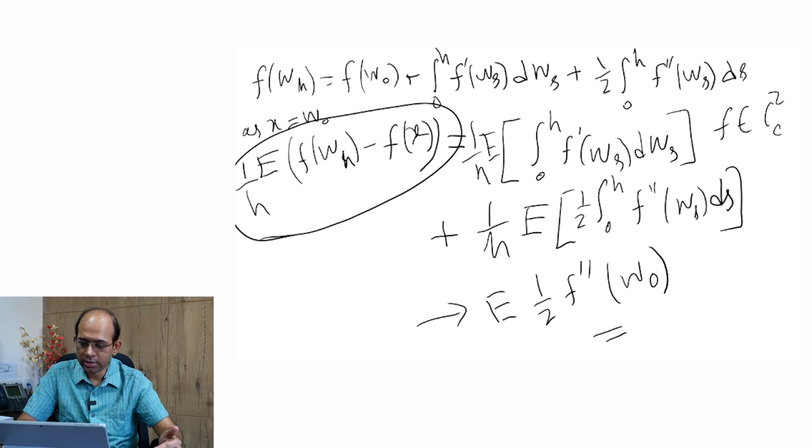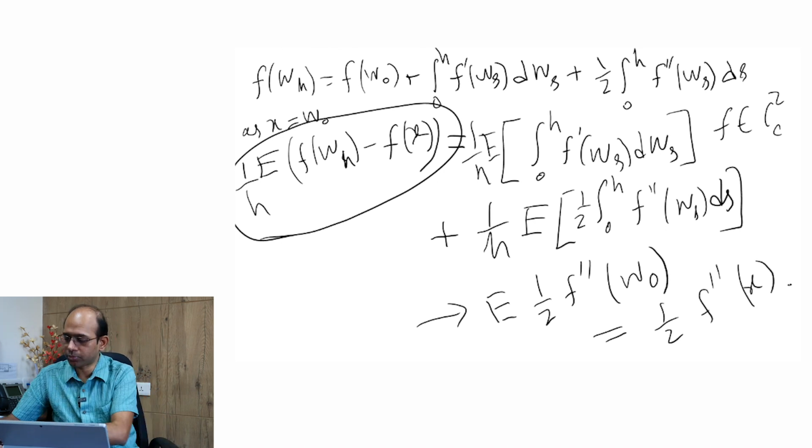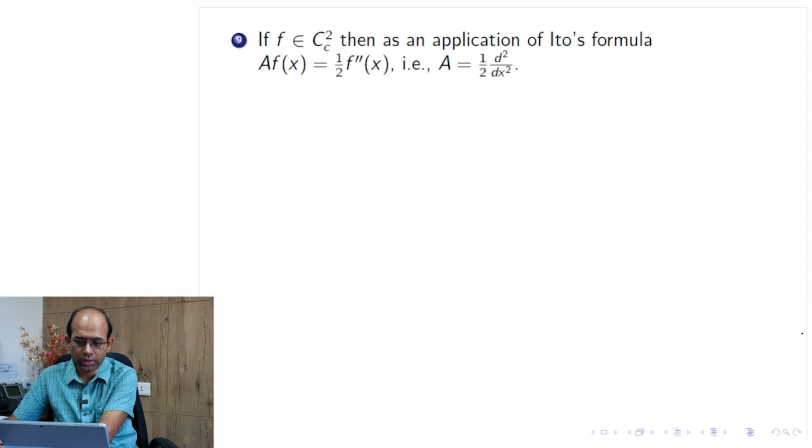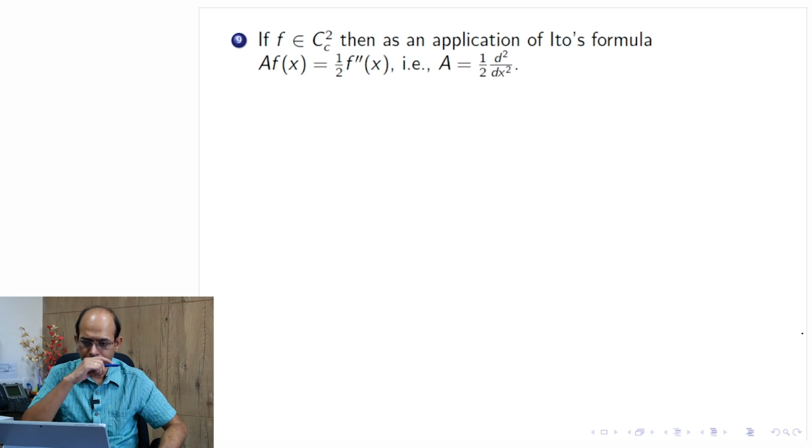Okay, so this is not random, this is deterministic. W_0 is x, so this is half times f double prime x. Okay, so we go back to our discussion.